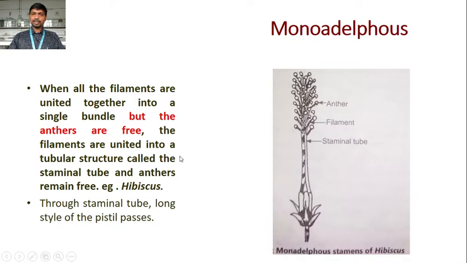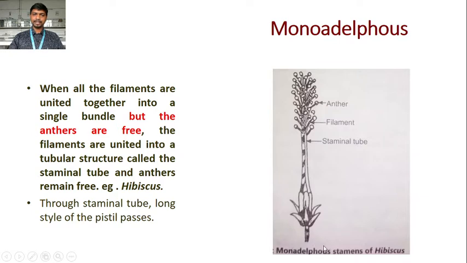The filaments of the different anthers get united to form a tubular structure called the staminal tube, and the anthers remain free. Here on the top we see the anthers are free.